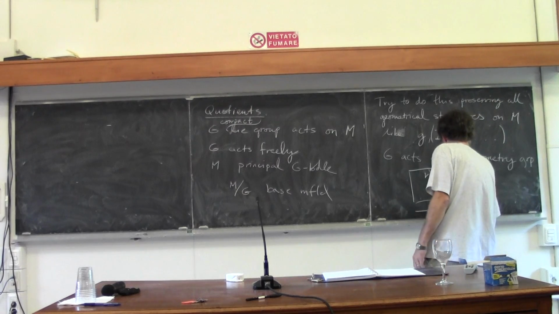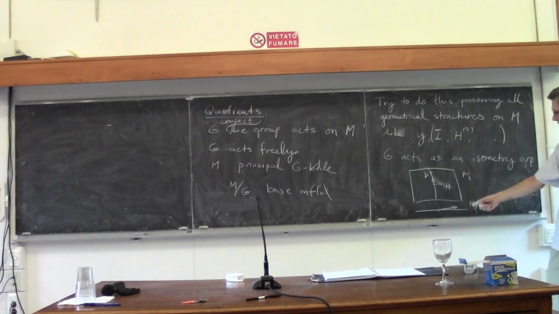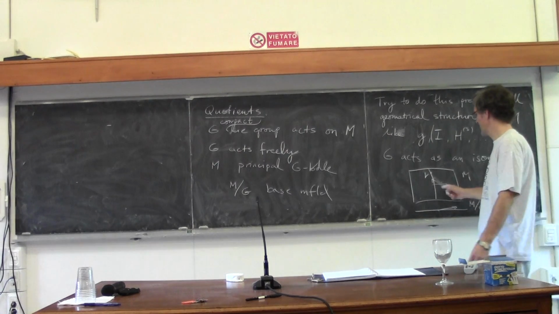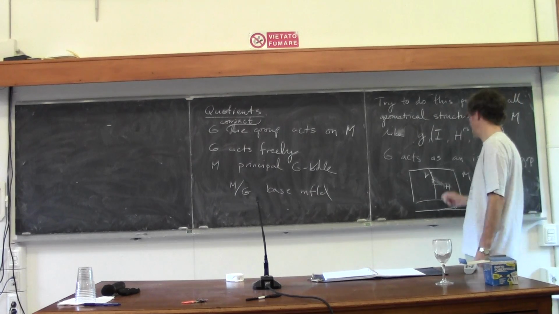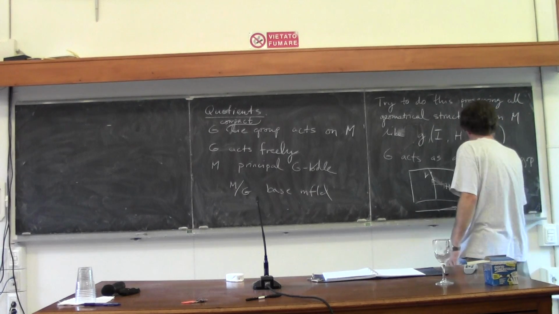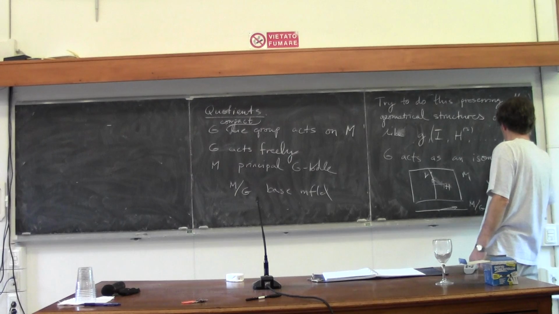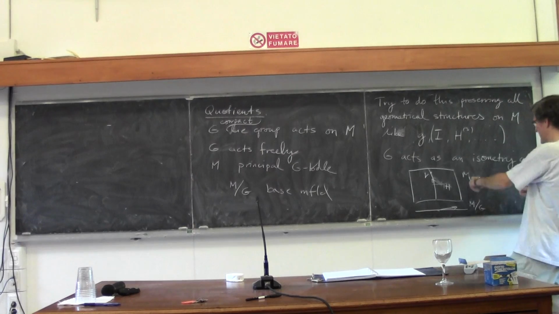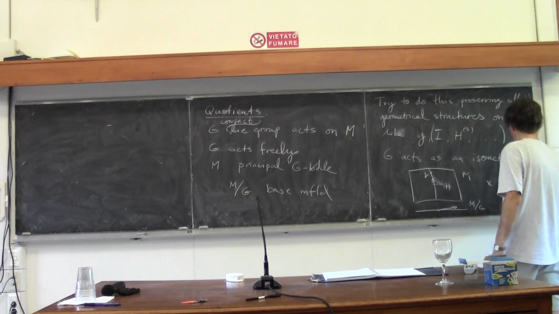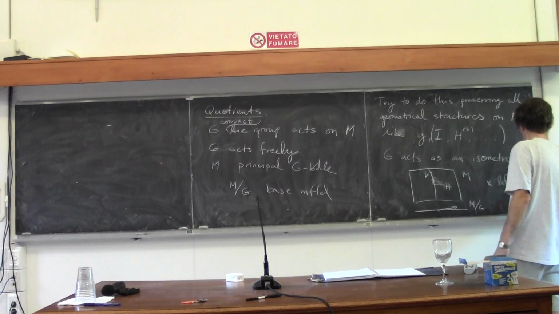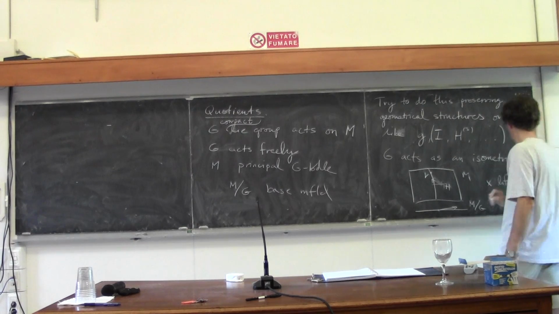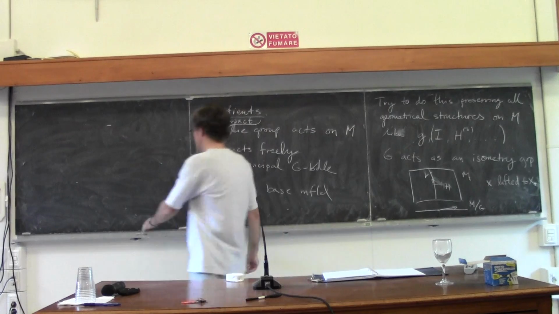So any vector on the base manifold can be lifted uniquely into a vector in the horizontal subspace of M. Let's call it X^H.